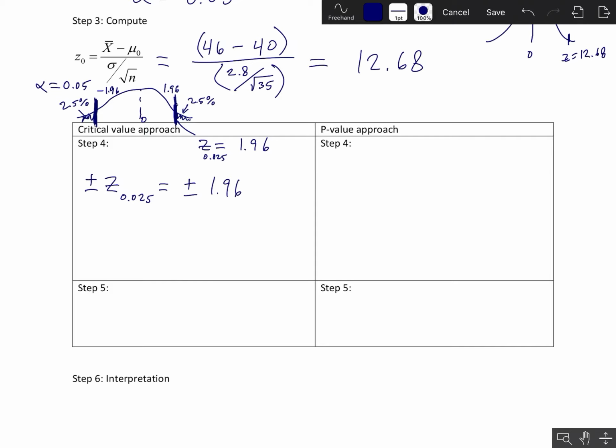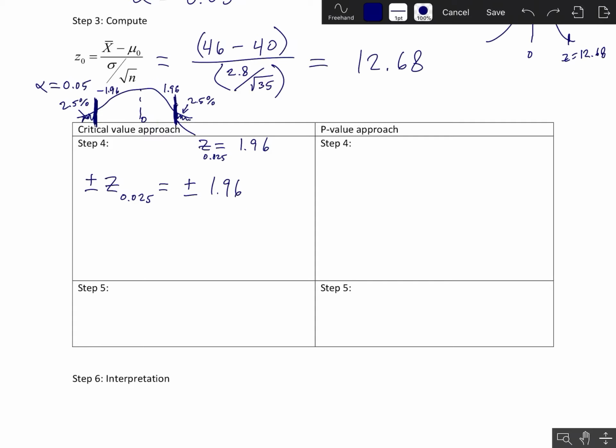And remember that what we're looking for is we're seeing whether our test statistic is more extreme than these, plus or minus 1.96. And what I mean by more extreme is further away from 0. So if our test statistic landed here, let's say it landed at 1, that's not very extreme because our critical values are 1.96 plus or minus.